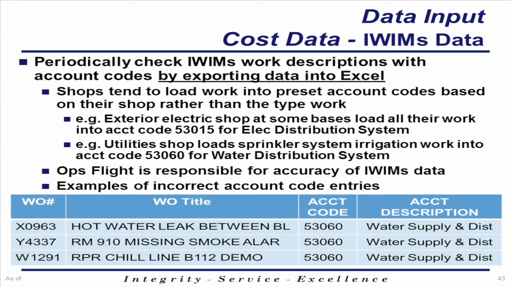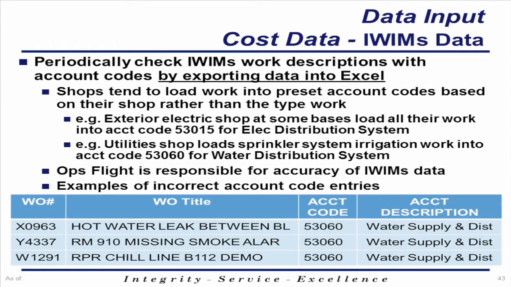The table at the bottom of this slide shows examples of incorrect account code entries. The first one, we have a hot water leak between buildings, which is said to be water supply and distribution. Hot water is not part of the water supply and distribution account. It may be hot water plant operations, but it's not water supply and distribution. Or we have one that was listed in water supply and distribution as missing a smoke alarm.